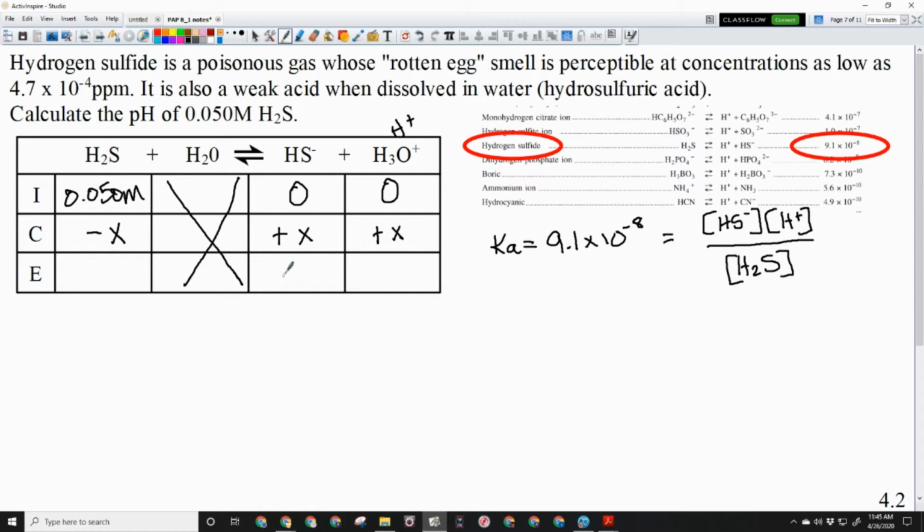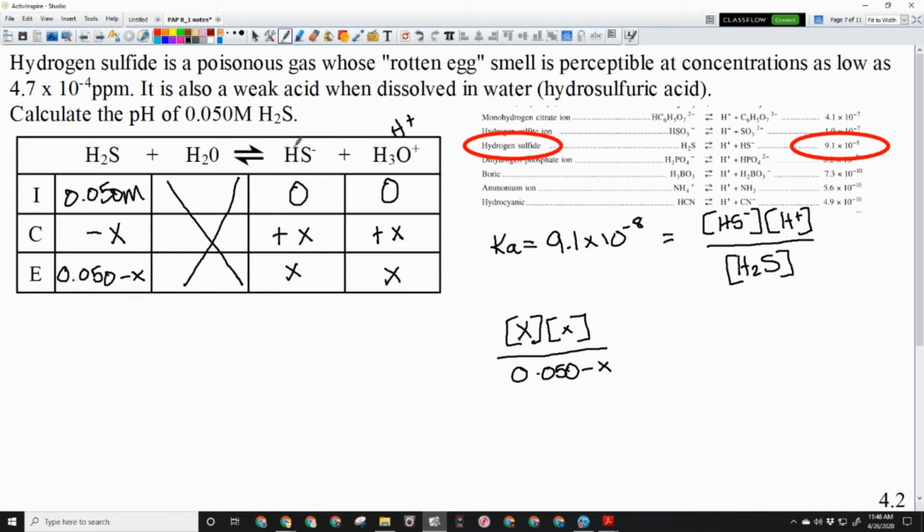Here we're going to have x, and here we're going to have x, because 0 plus x is x. So we have 0.050 minus x at equilibrium. Now if we substitute these into our Ka expression, we have x times x over 0.050 minus x.